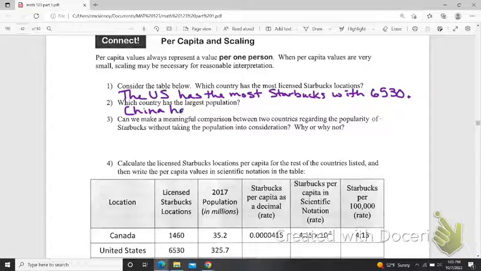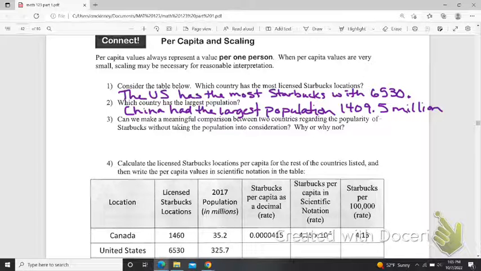And remember this is listed in millions, so that population was 1,409.5 million people.